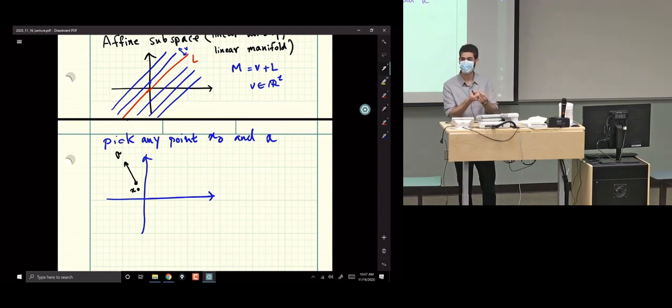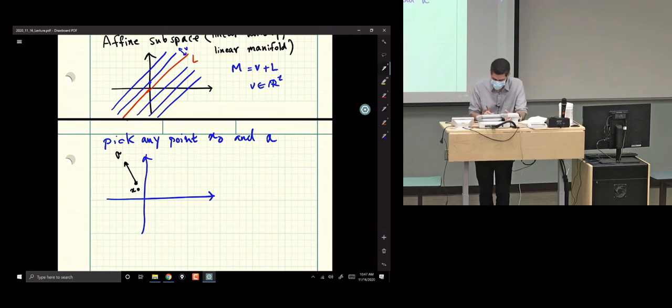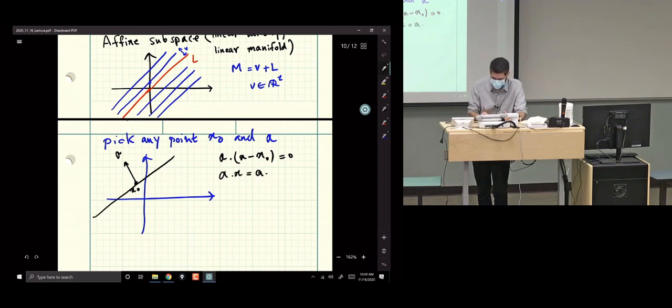Previously, it was the origin because it was 0. Now, I can generalize my definition to A dot x minus x0 to be 0, right? Because my starting point is not the origin now. It's x0. And then I get a line like this, which is A dot x equals A dot x0.